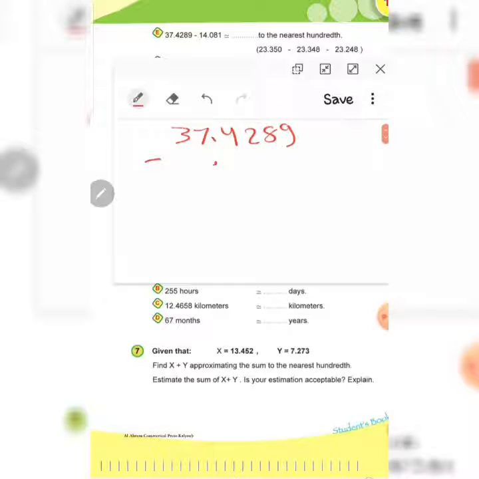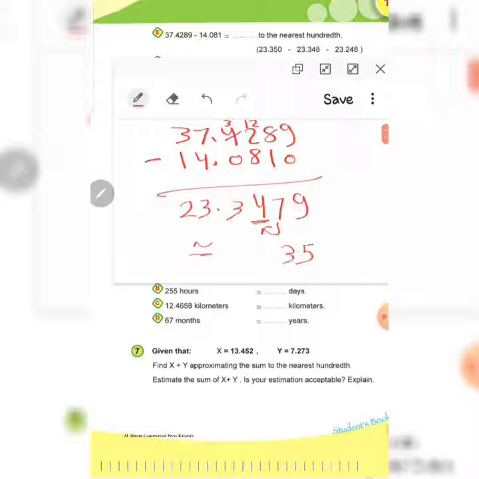Point under point, and here is 0. 9 minus 0 equals 9, 8 minus 1 equals 7, 12, because 2 minus 8 can't be, I must borrow from the other number, 12 minus 8 equals 4, 3 minus 0 is 3, 7 minus 4 equals 3, 3 minus 1 equals 2. Approximate to the nearest hundredth, tenth, hundredth, 7 will give 4 because it's a rich number, it will be 5, 3.23.